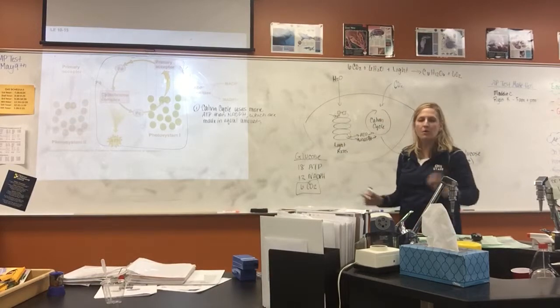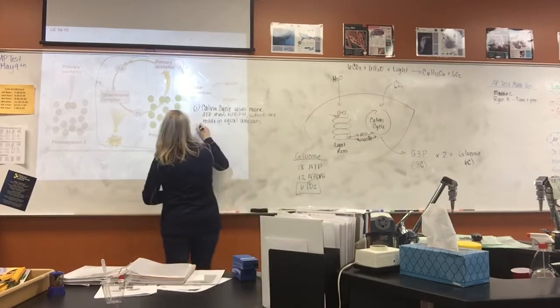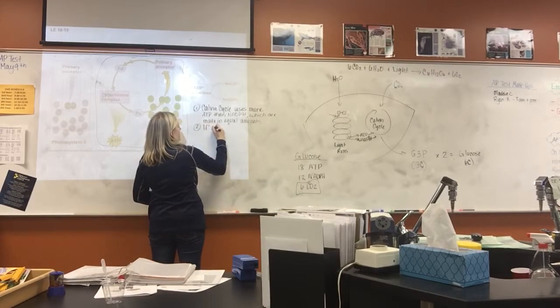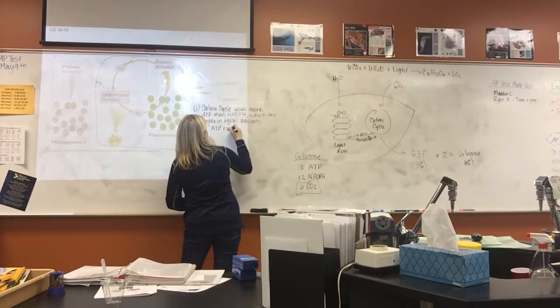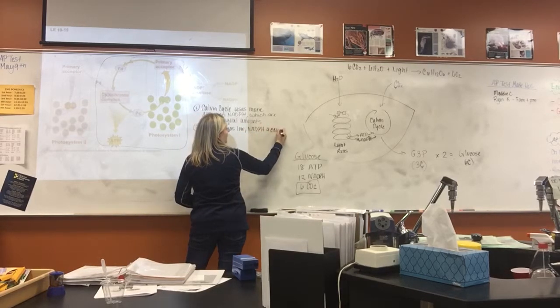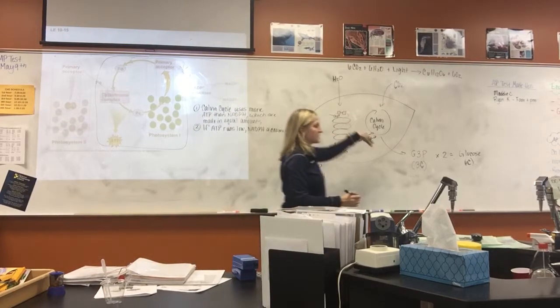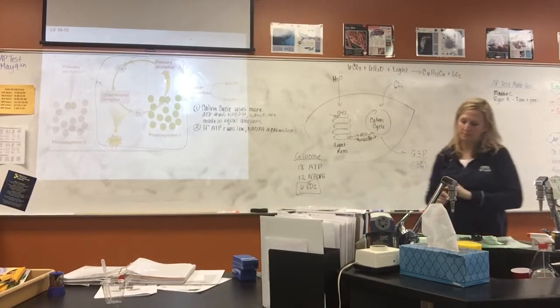So what are we going to start running low on? ATP. So if ATP runs low, the NADPH is going to start accumulating because it's not going to be able to be used in the Calvin cycle, because the Calvin cycle needs ATP.